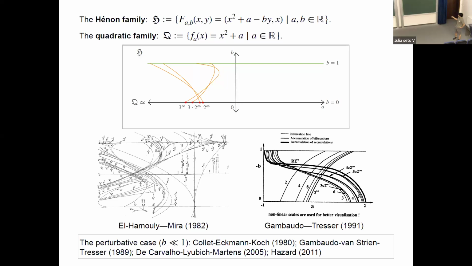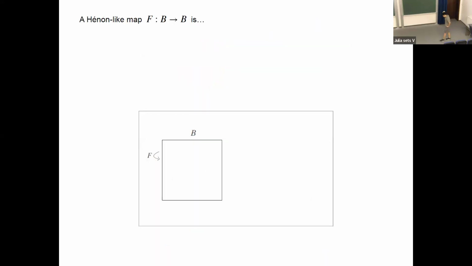Okay. All right. So since I'm going to assume that you're sufficiently motivated, I'm going to start with the actual topic of the talk, which is renormalization of these Hénon maps. Renormalization in 2D is more intricate than renormalization in 1D. So I'm going to start with the most basic notion of renormalization, and then I'm going to have to refine it 2 more times. The most basic notion of renormalization is purely topological.